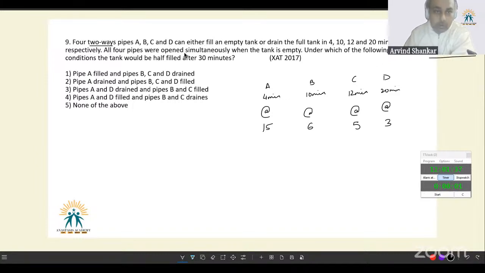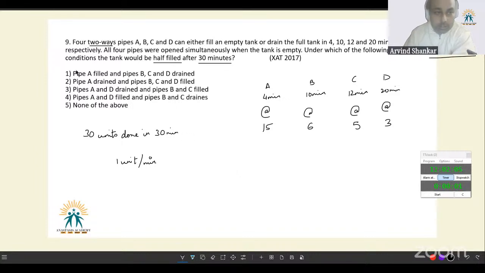All four pipes were opened simultaneously when the tank is empty. Under which of the following conditions would the tank be half filled after 30 minutes? Given that we have taken our tank size as 60, we want 30 units done in 30 minutes, or we want the net rate of working to be 1 unit per minute.